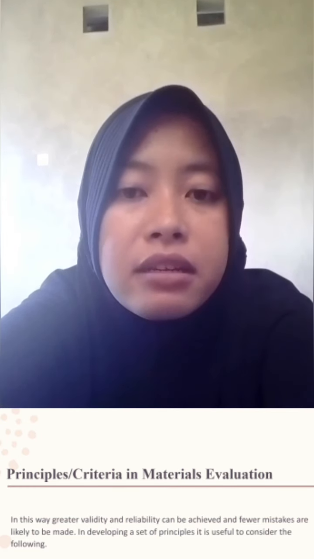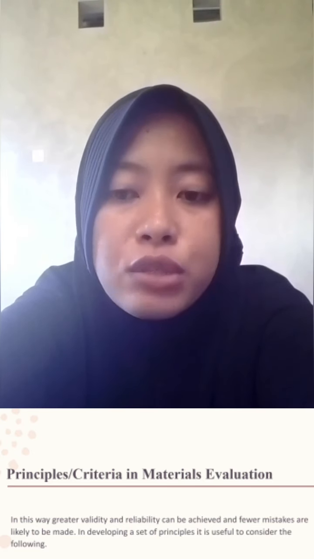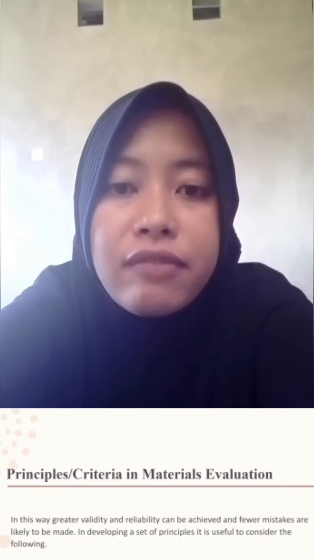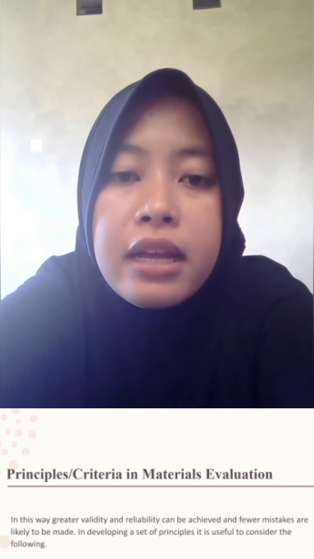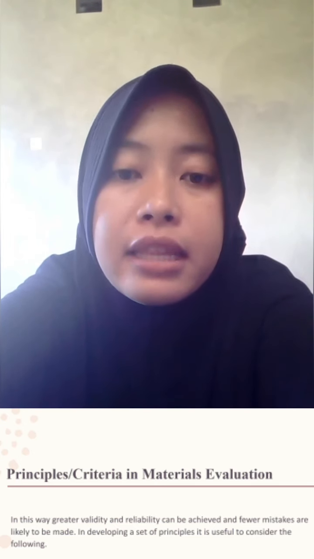It means different criteria will apply in different circumstances. And then the ninth, developing other criteria like culture specific. And then the tenth, trial criteria, and the last one is conducting the evaluation. These are the principles or criteria of material evaluation according to Tomlinson 2013.